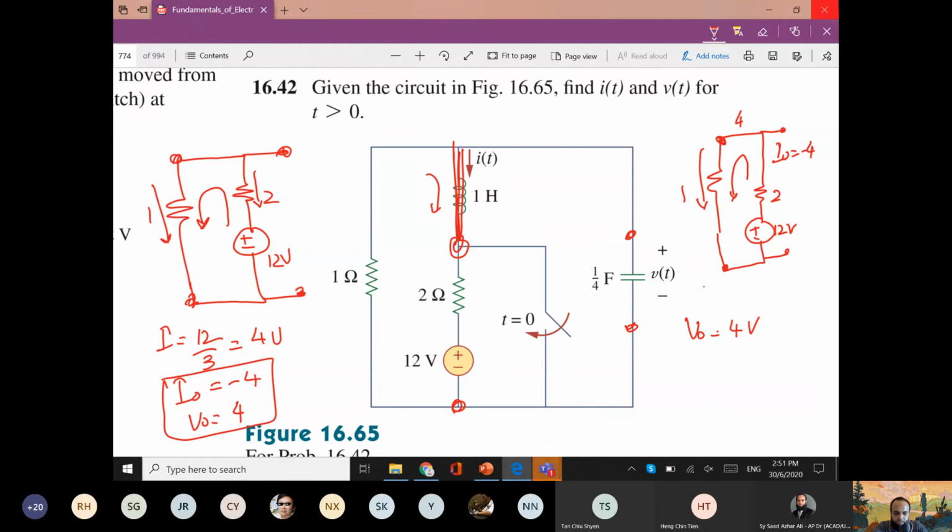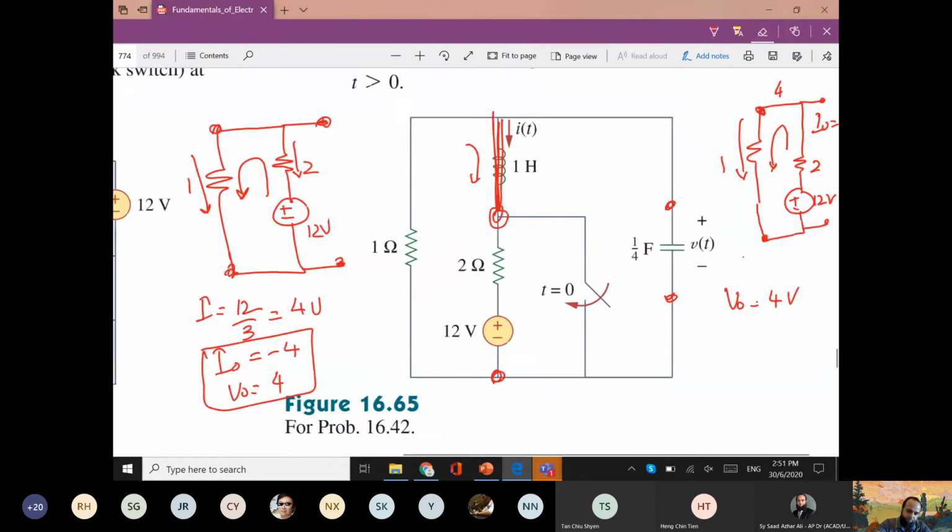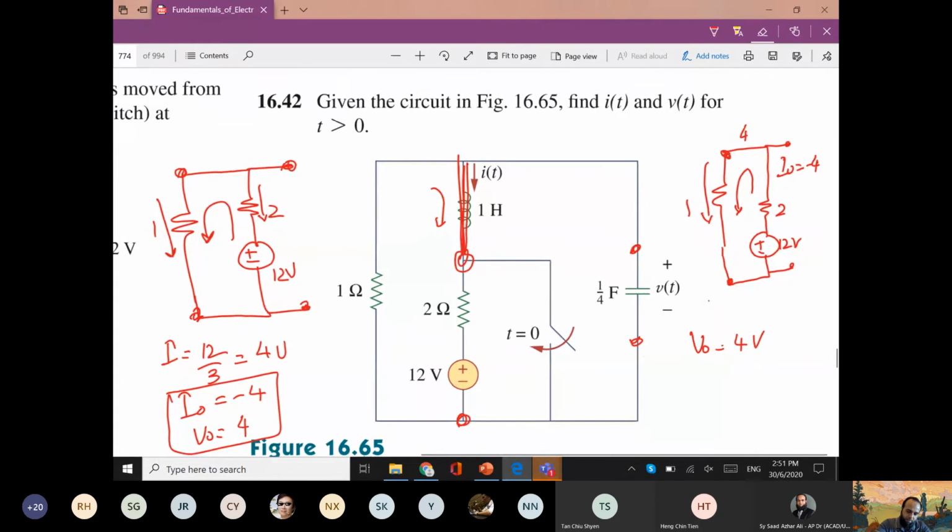Yes, sir. All right. So now that we have the initial voltages and the current, let me just remove everything. Why can't I delete?